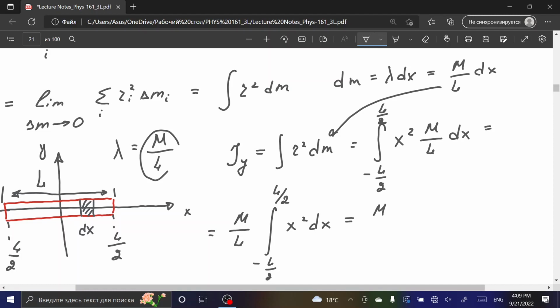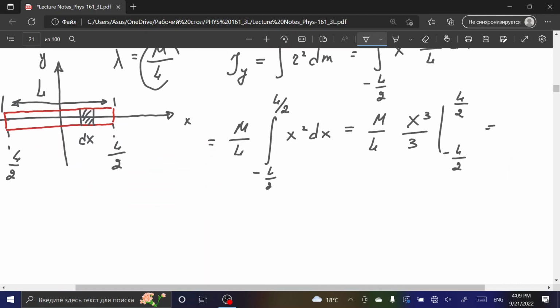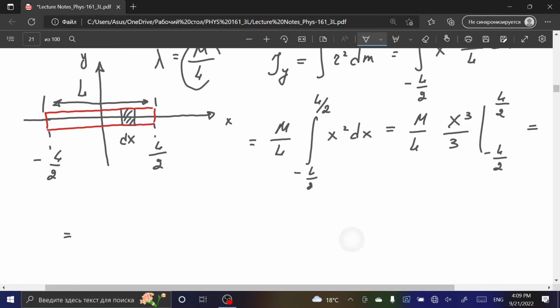That is M over L times x cubed over 3, and this will be from minus L over 2 to L over 2. So here we can write M over 3L, and here we have L cubed over 8 minus negative L cubed over 8.